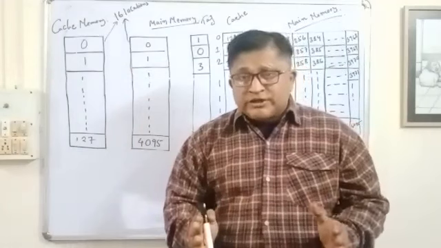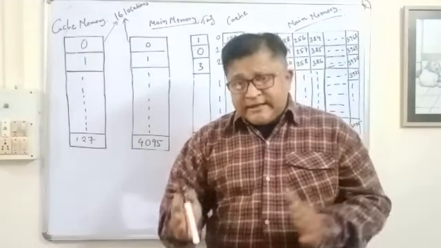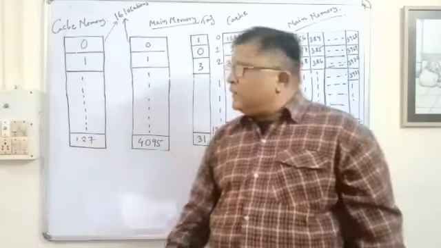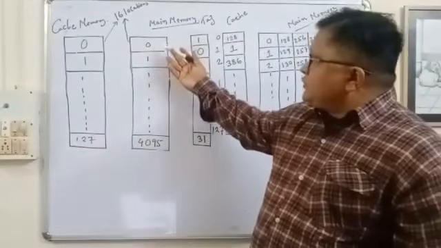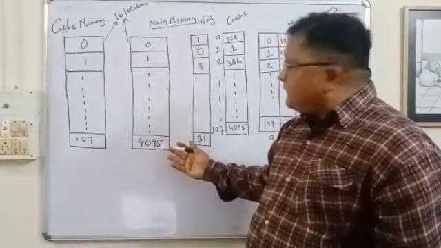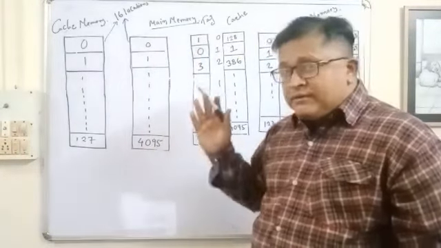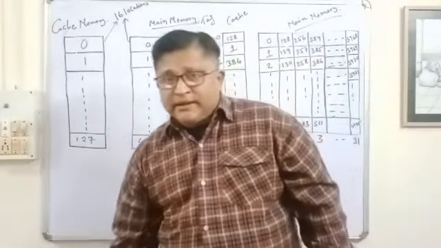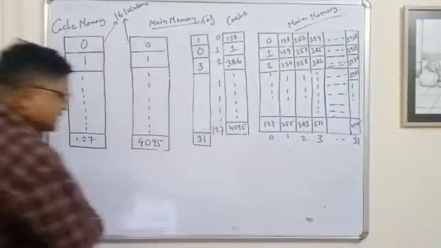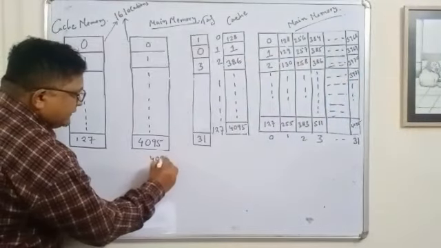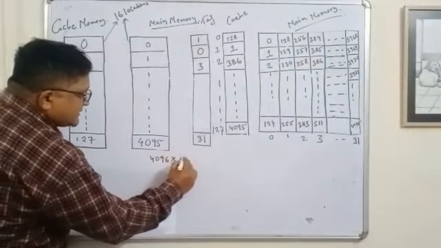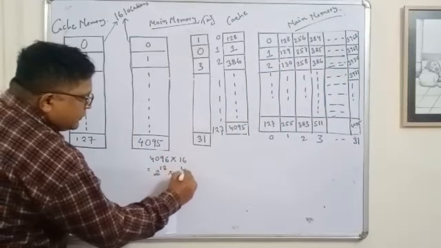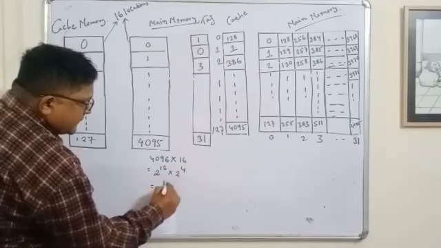So the number of locations a page is divided into is the same as the number of locations a frame is divided into. In this example, the total number of memory locations is 4096 multiplied by 16, that is 2 to the power 12 multiplied by 2 to the power 4, equal to 2 to the power 16.